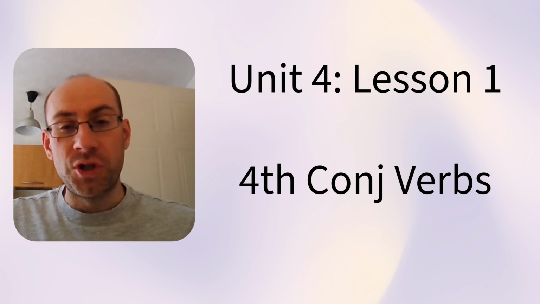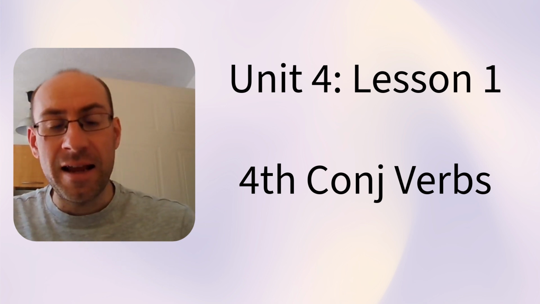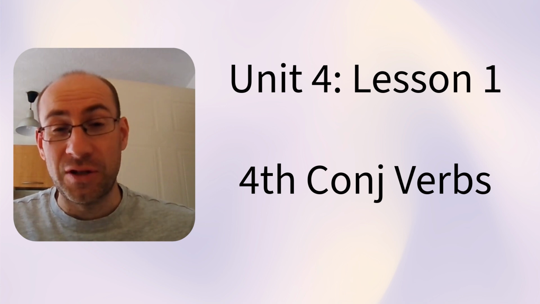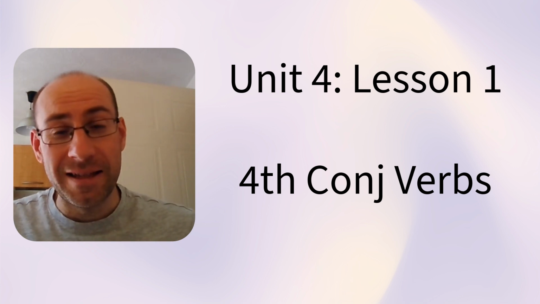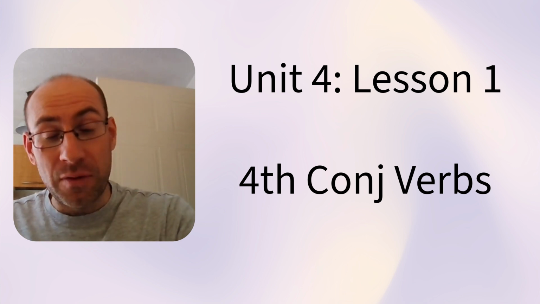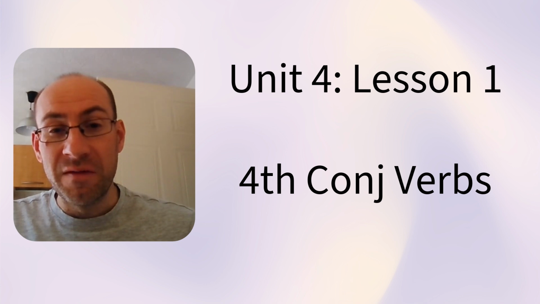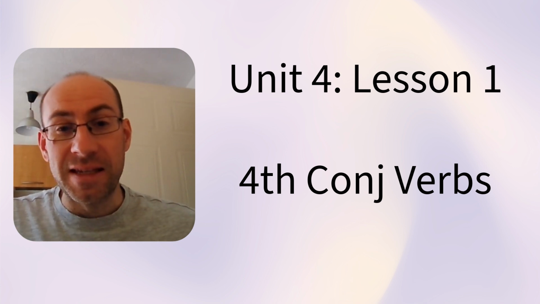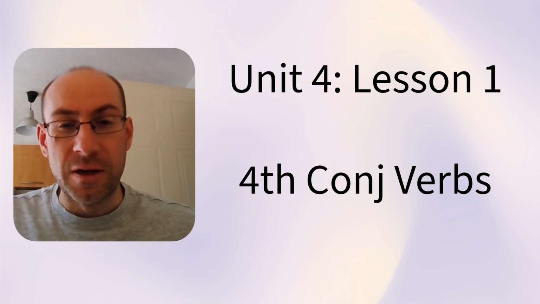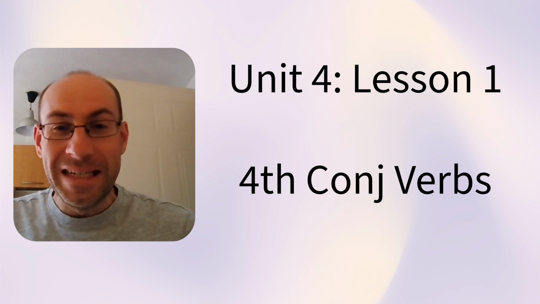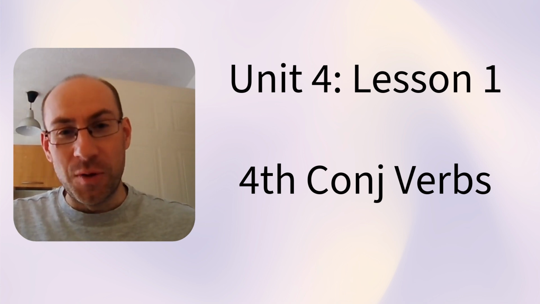Then we met second conjugation verbs that have ere in the infinitive, like habere, to have, tenere, to hold, videre, to see. Then we met third conjugation verbs that have ere also in the infinitive, but it's a short e, so it's for instance scribere, to write, legere, to read, ducere, to lead, emere, to buy.